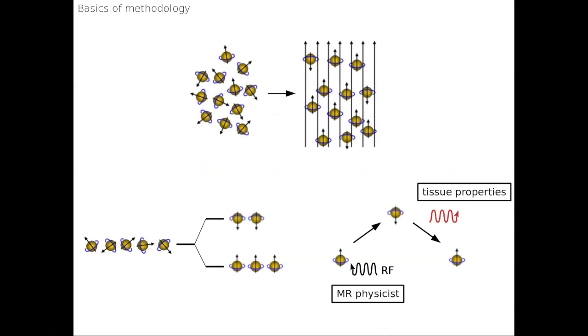This is something that is quite familiar. So we have the bulk magnetic fields, and we have then, of course, the MR physicist that tunes the scanner and adapts the sequence in such a way that we have an excitation, and then, depending on the acquisition parameters, we get images or signal from the tissues.